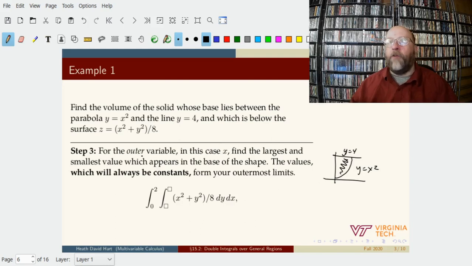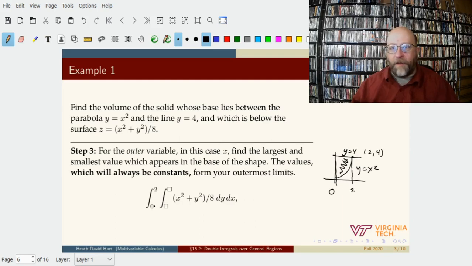For the outer variable, we just want to find the largest and smallest x values in the shape. So what two constants will contain the entire shape? This is x equals 0. And since this is where y equals x squared intersects y equals 4, the x coordinate is equal to 2 at that point.